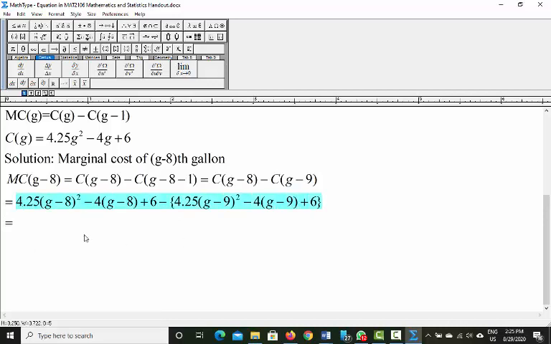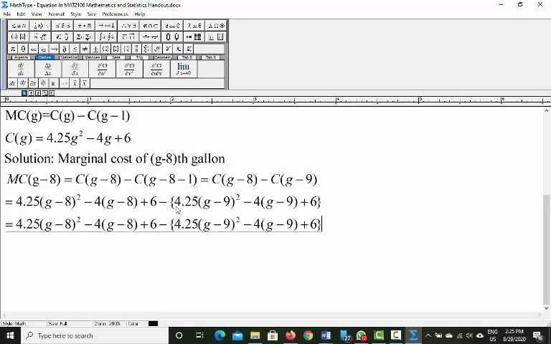We need to simplify this. So first of all, this minus is outside the bracket, so the minus will be multiplied by everything inside. So these will become minus, minus a plus, and minus a plus a minus.